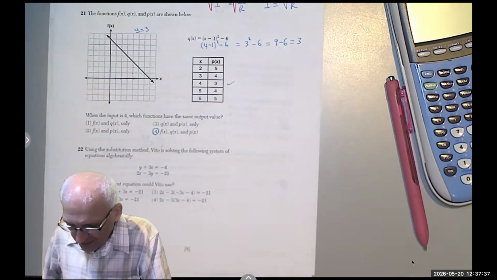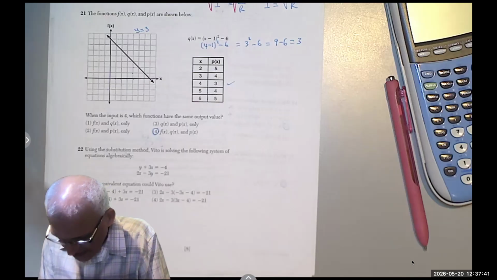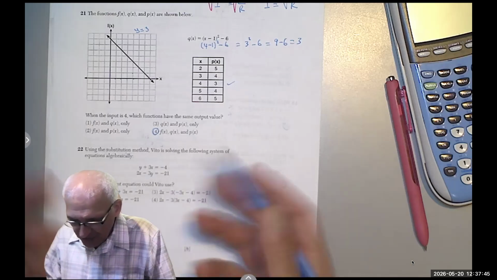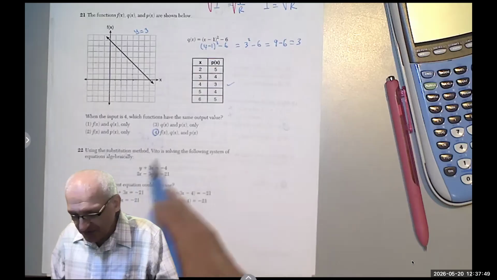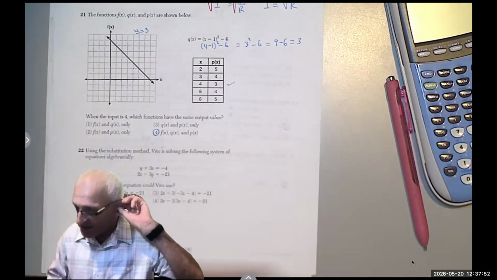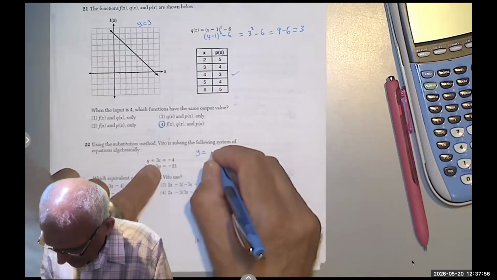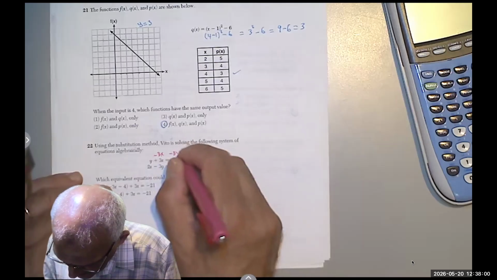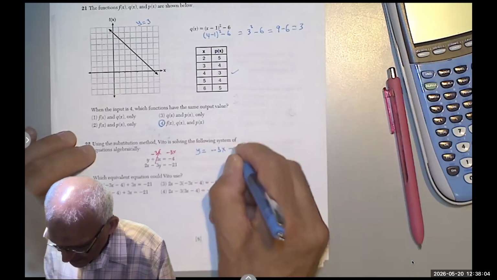Using the substitution method, Vito is solving the following system of equations algebraically. Okay, so if you are using substitution, of course you would substitute for y. Why would you substitute with something that will result in fractions? So I would say y equals, I'm going to subtract 3x from both sides, so negative 3x minus 4.